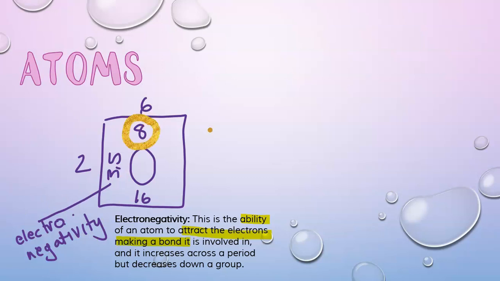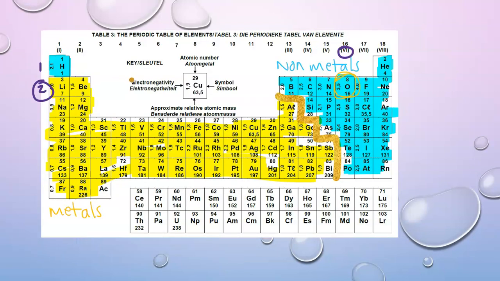Let's look at the 8. Now, the 8 is very specific to Olivia. And when we go back to the periodic table, you will see that every one of the elements has its own unique number. So hydrogen is number 1, helium is number 2, lithium number 3, beryllium number 4, and all the way down. So if we look at Olivia or oxygen, oxygen has a number of 8.